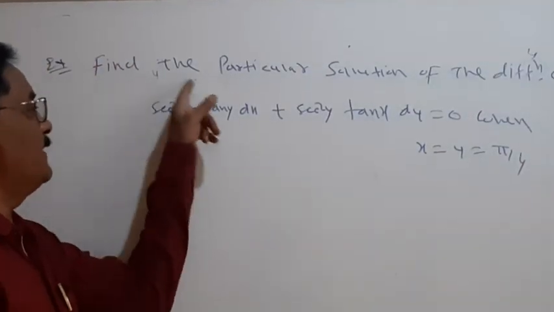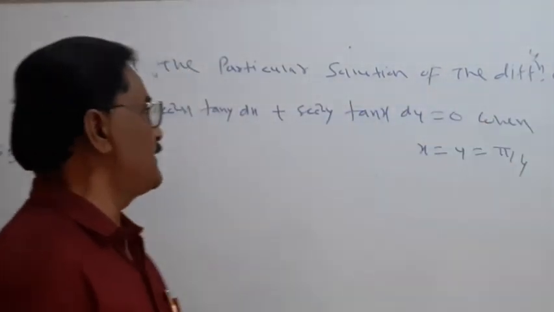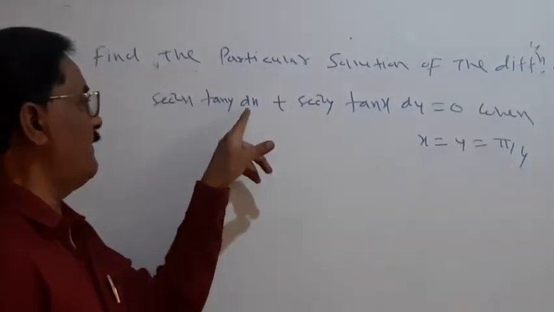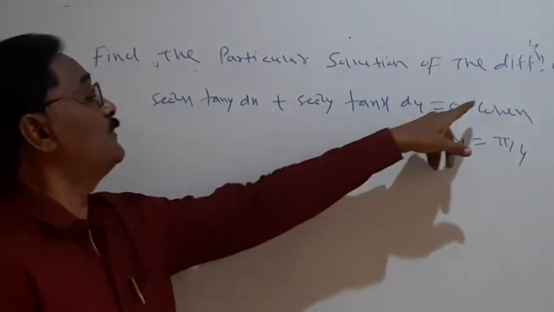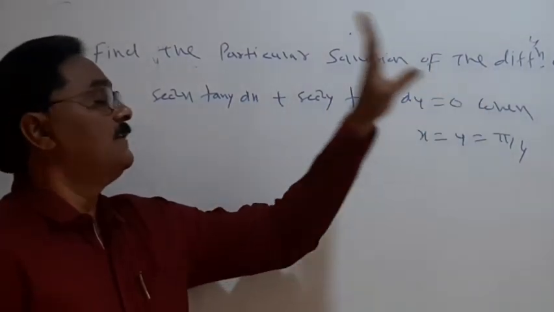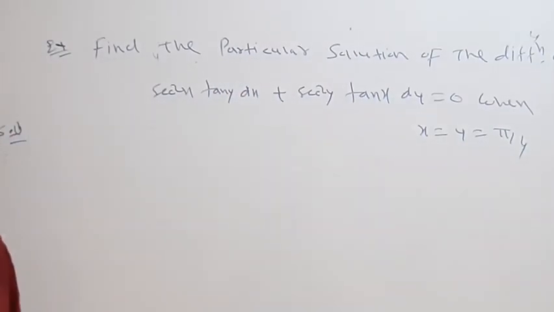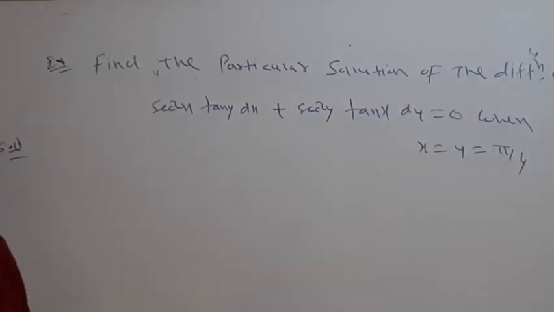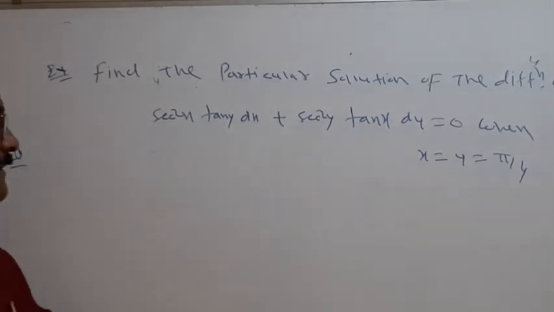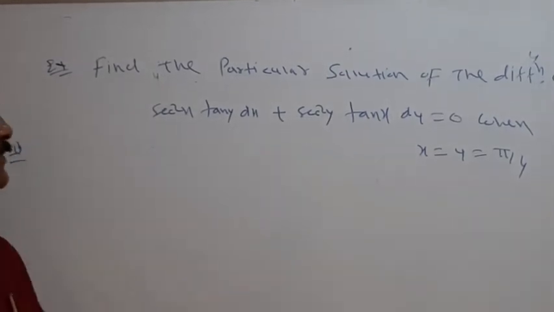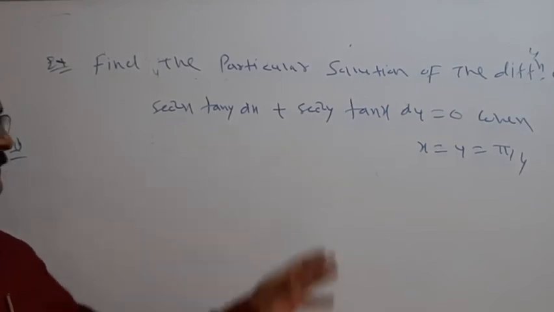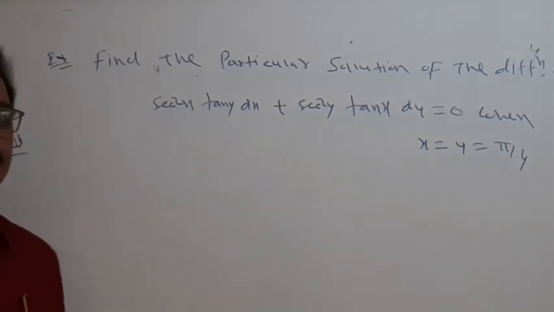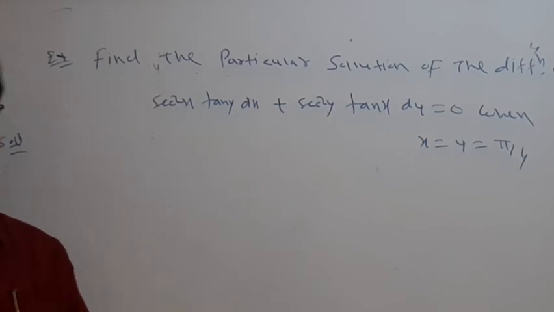For example, find the particular solution of the differential equation sec square x tan y dx plus sec square y tan x dy is equal to 0, when x is equal to pi by 4 and y is also equal to pi by 4. First of all find the general solution, and after this put the values of x and y. We get the value of the arbitrary constant, and then find the particular solution.